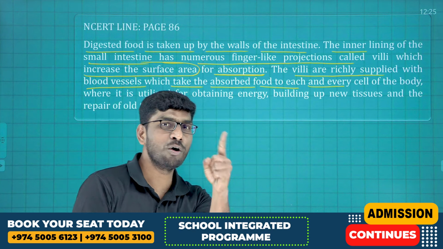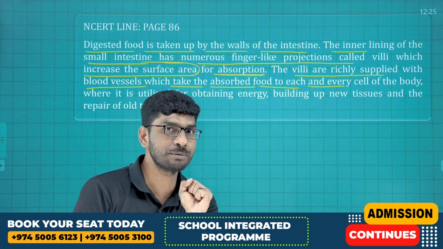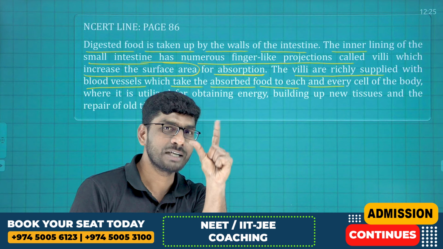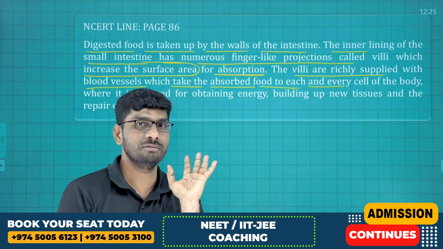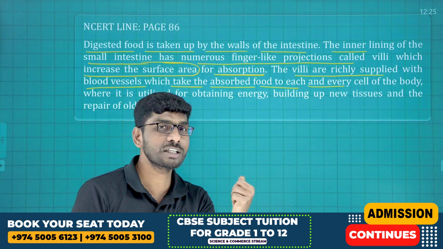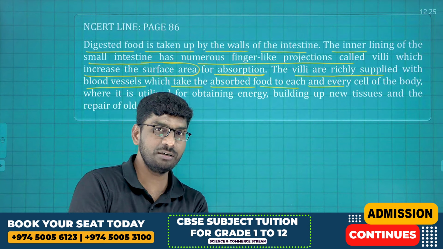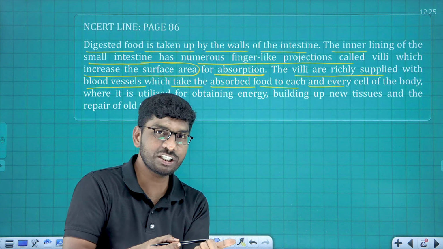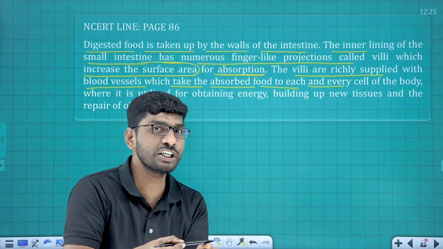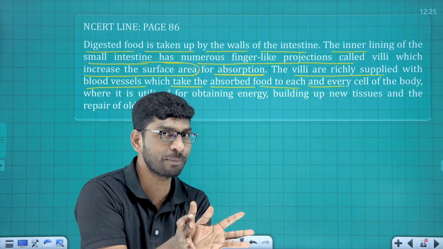If you are able to recall holozoic nutrition, 5 steps are there. Ingestion, digestion, absorption, assimilation, and also what? Egestion. There are 5 steps in the holozoic type of nutrition, right?